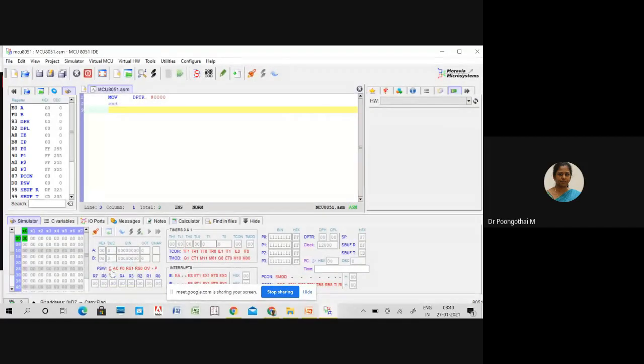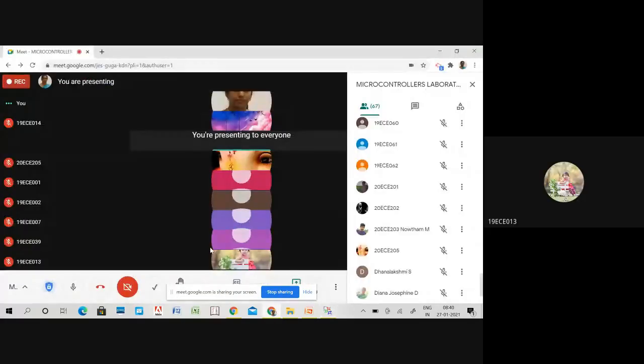That is PSW. Here you have to check all your flags. That is carry, auxiliary carry, user flag, register selection and overflow along with parity. Yes, ma'am. Okay.